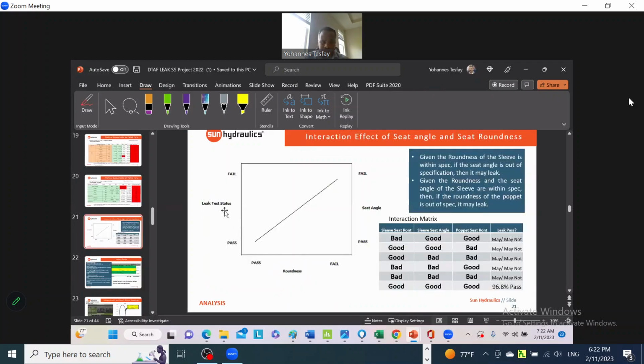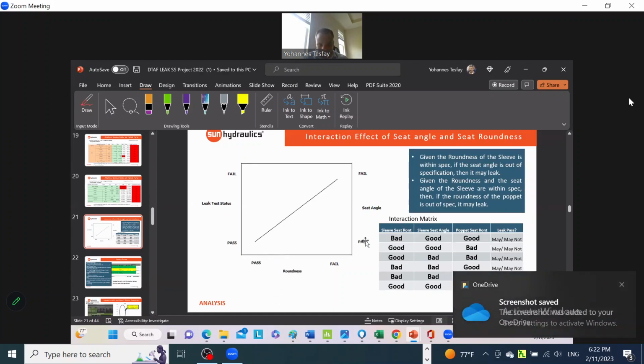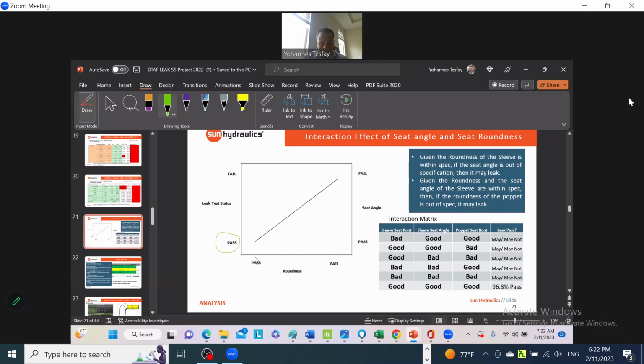So roundness, leak test, seat angle. Roundness pass, seat angle pass, and that causes the part to pass. Pass combined with pass is going to pass the leak test.